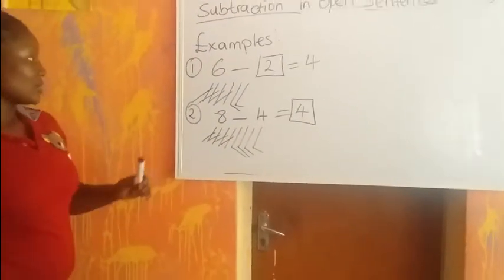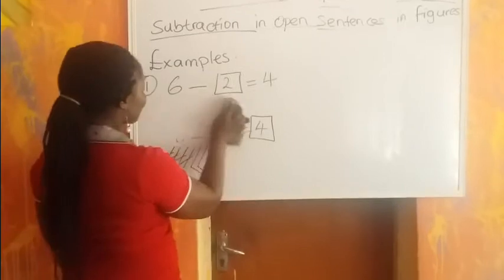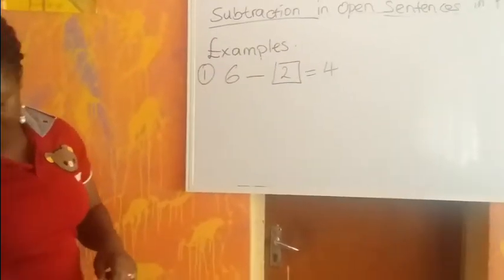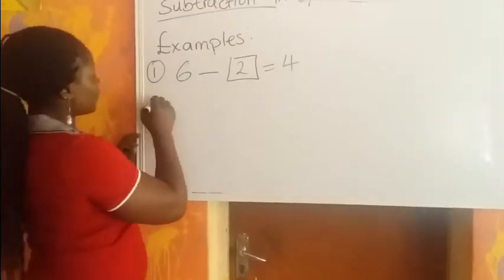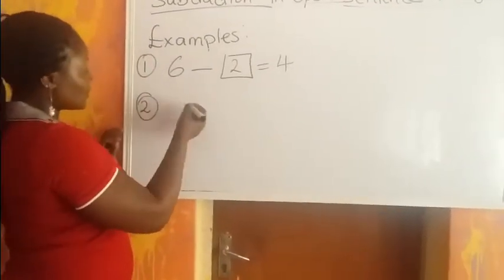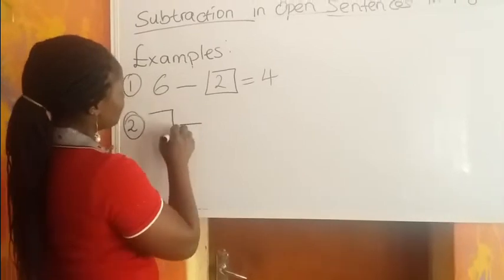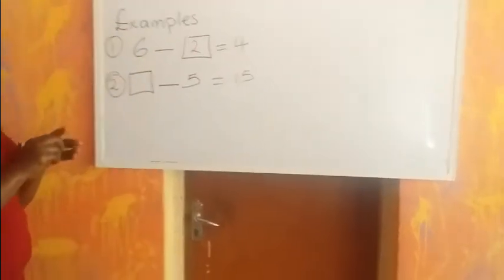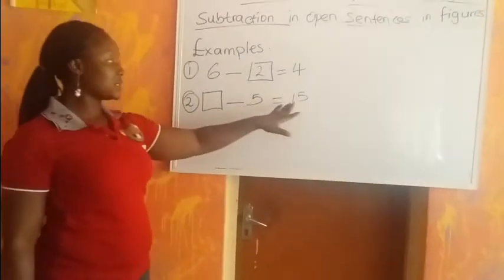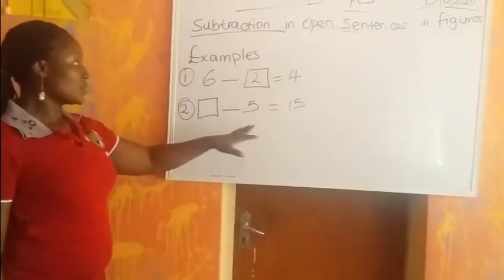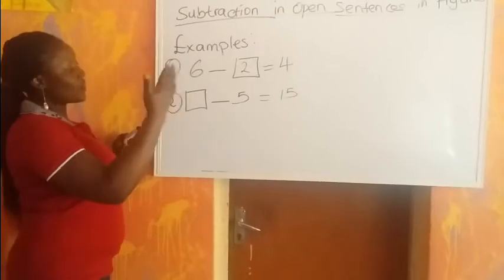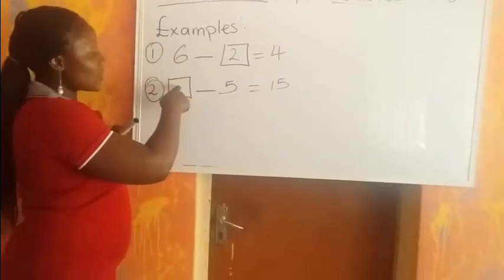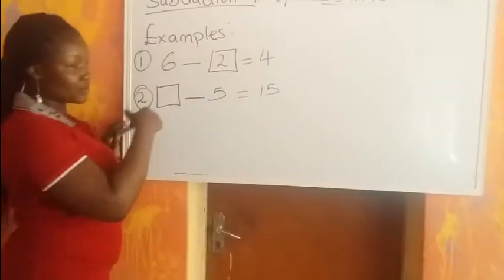So let me still do some working. Blank minus 5 is equal to 15. Sometimes we will be asked to look for the first number, and you cannot take away a bigger number from a smaller number.